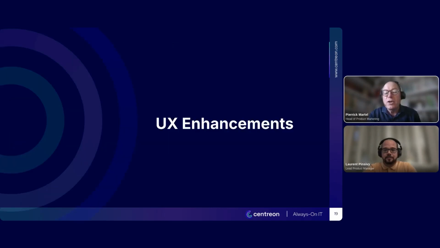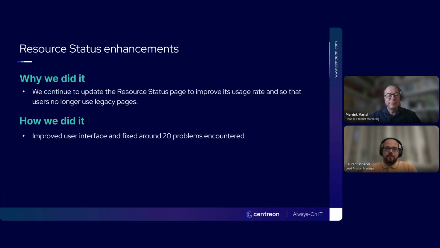A few announcements on the user experience, bug fixing announcements, but some bug fixes are very important, so I thought it would be useful to show all of them. Yes, exactly. As for any version we deliver, we try to improve our software, and especially our resource pages.